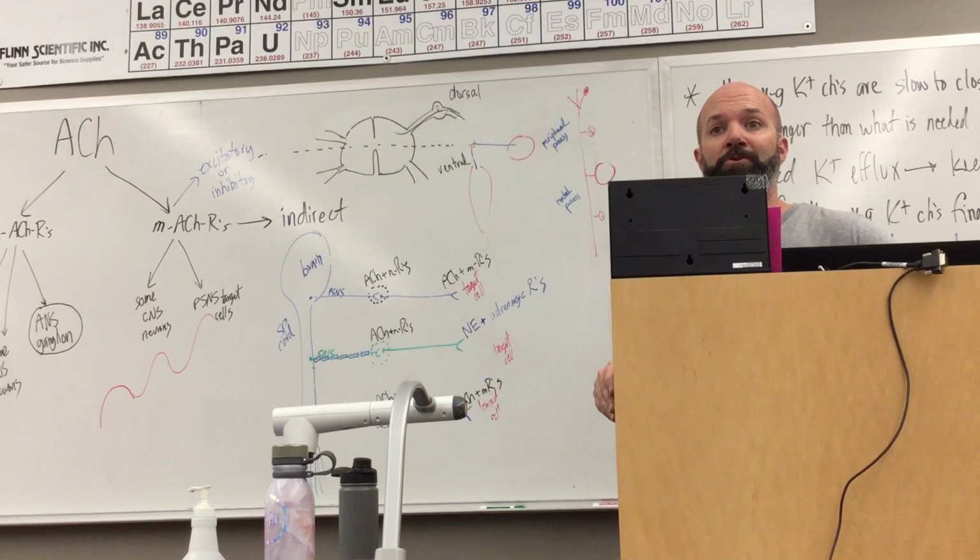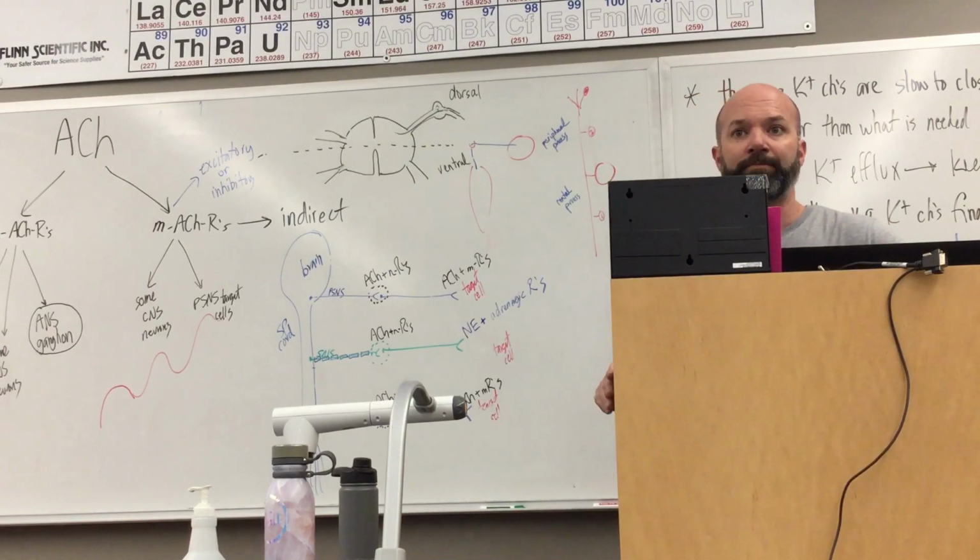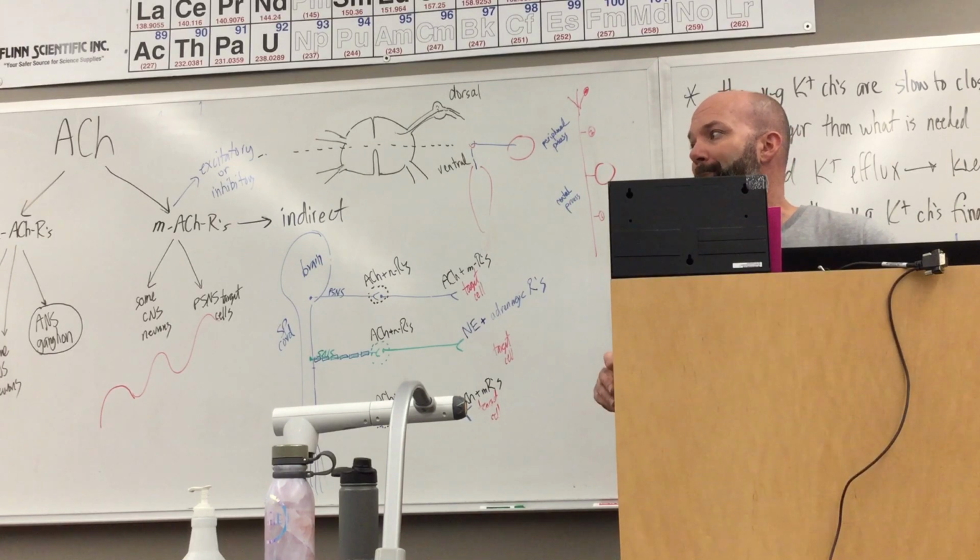Is that sensory, motor, or mixed? So cochlear provides special sense information in sound, and then vestibular is also special senses. It's sense of equilibrium or balance. So that's all sensory. How about 12? Hypoglossal. So it goes under the tongue and it controls the tongue muscles and it's motor.